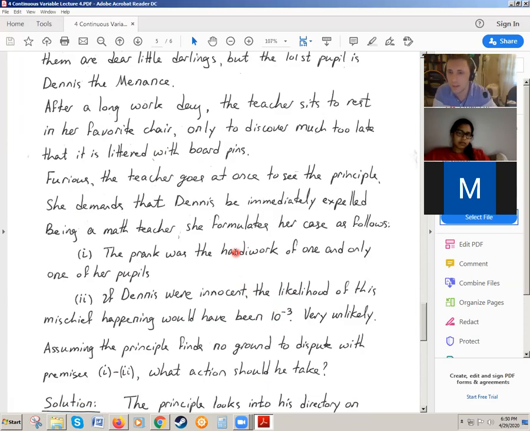So assuming that the premises I and II are taken at face value, and that the principal agrees with those premises, what should the principal do? Should the principal expel Dennis the Menace or not?